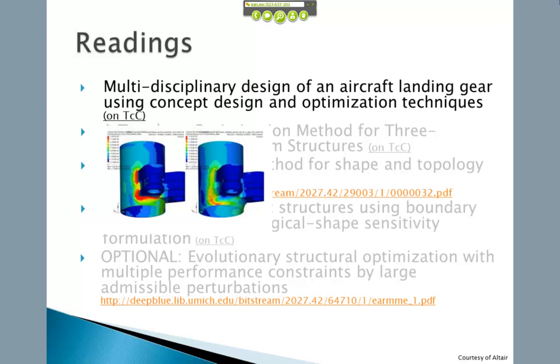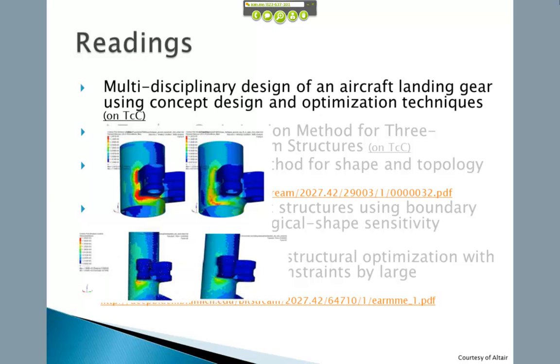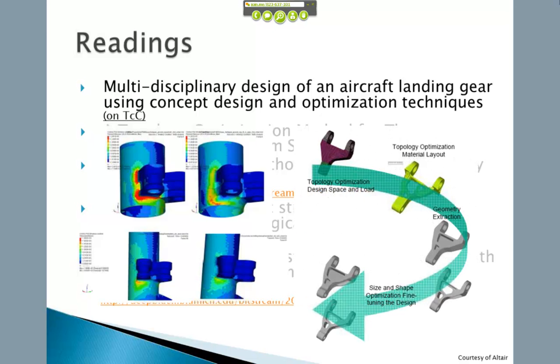In that paper, they talk about two different components they're working with, and the optimization that was done to minimize the stress and also take weight out of the plane. In that article, they set up a process of going from a design space to a topology optimization, back into geometry, and then doing a size and shape optimization.